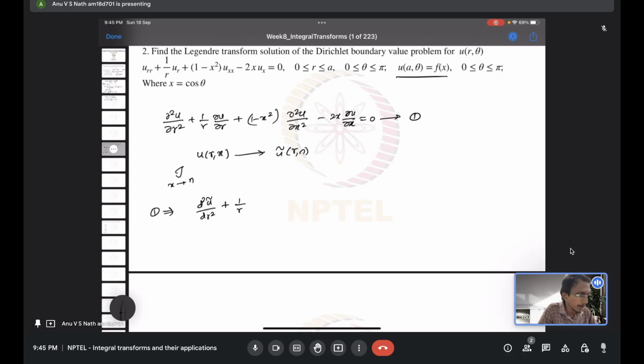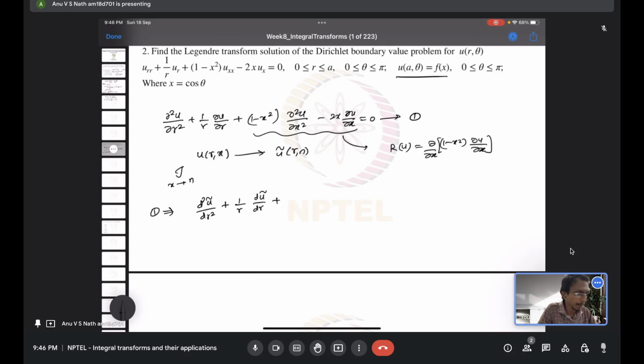Then again 1 by r du tilde dr. Then see, this quantity is actually the operator R. If you have watched the videos, this is represented using the R operator acting on u. Basically it's 1 minus x square dou u by dou x, acted on by dou by dou x again.